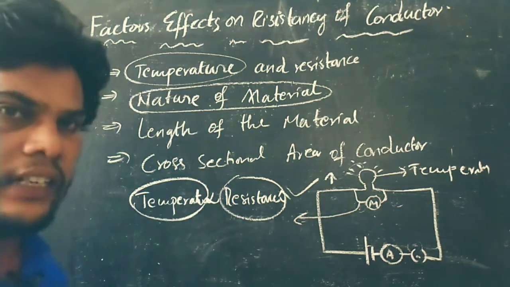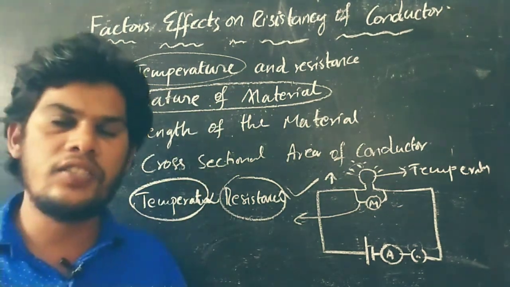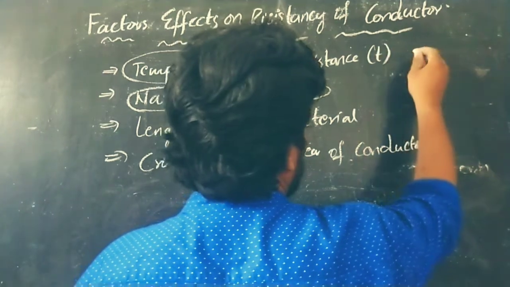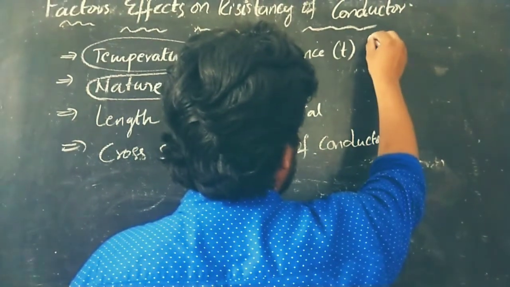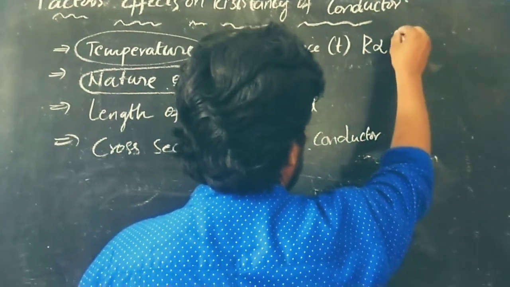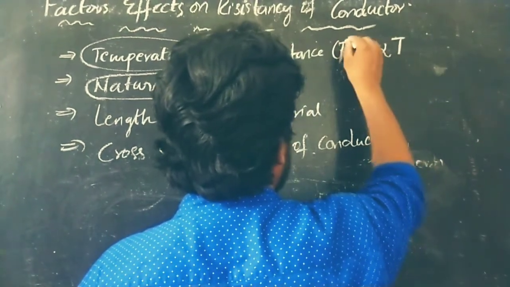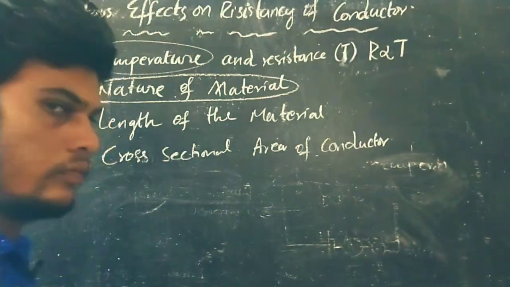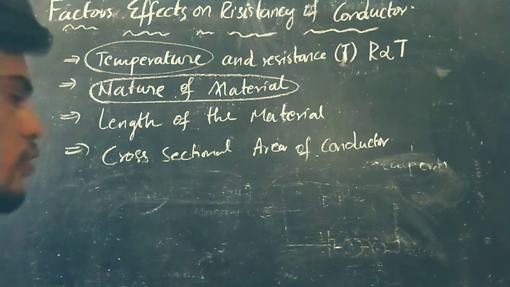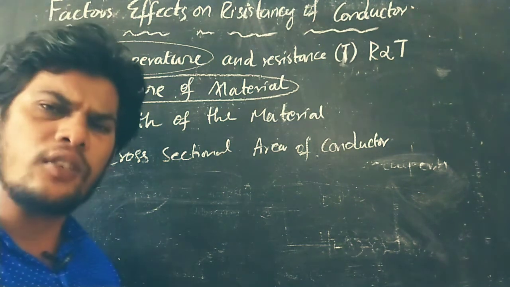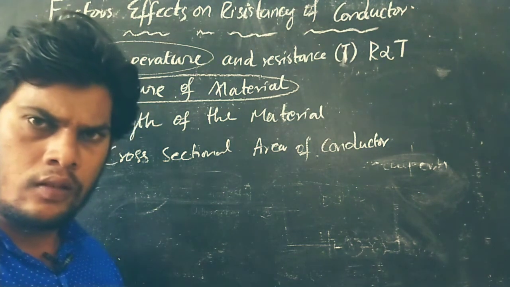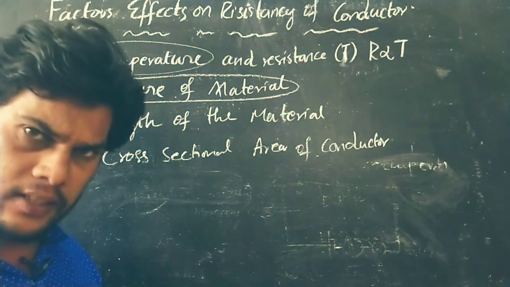What about nature of the material? It is the second factor that influences the resistance of the conductor. So the nature of the material also influences the resistance. How?